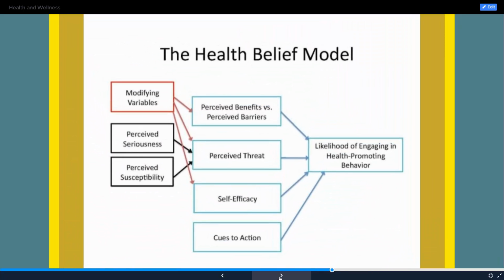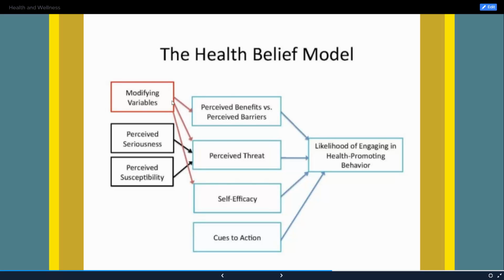So you have this health belief model. Health belief model is basically in the middle there, you're seeing that they have a perceived benefit versus perceived barriers. Okay, they have a perceived threat, self-efficacy, and cues to action. So you have those 4 things there, which is part of that health belief model. Then it is believed that you can see over here in the modifiable variables, those impact these 3 things here, right?